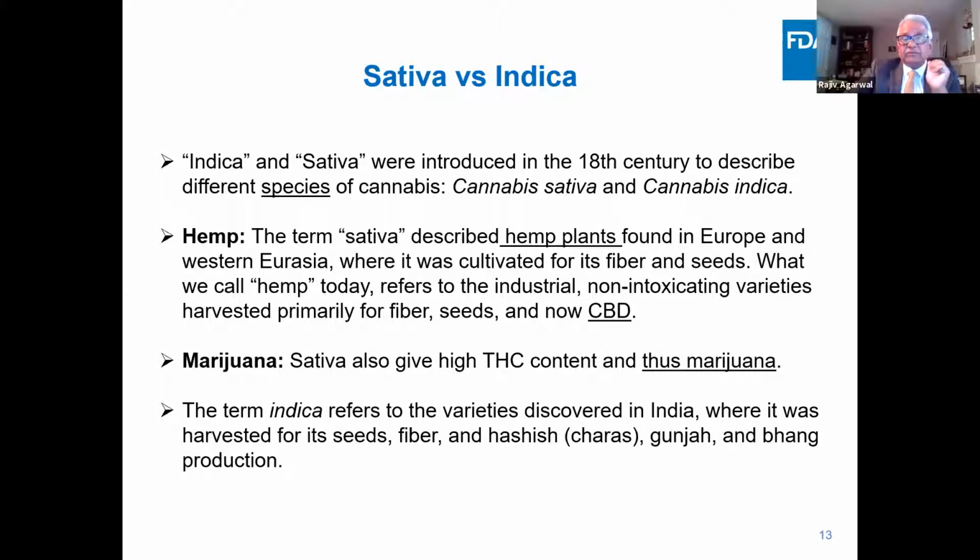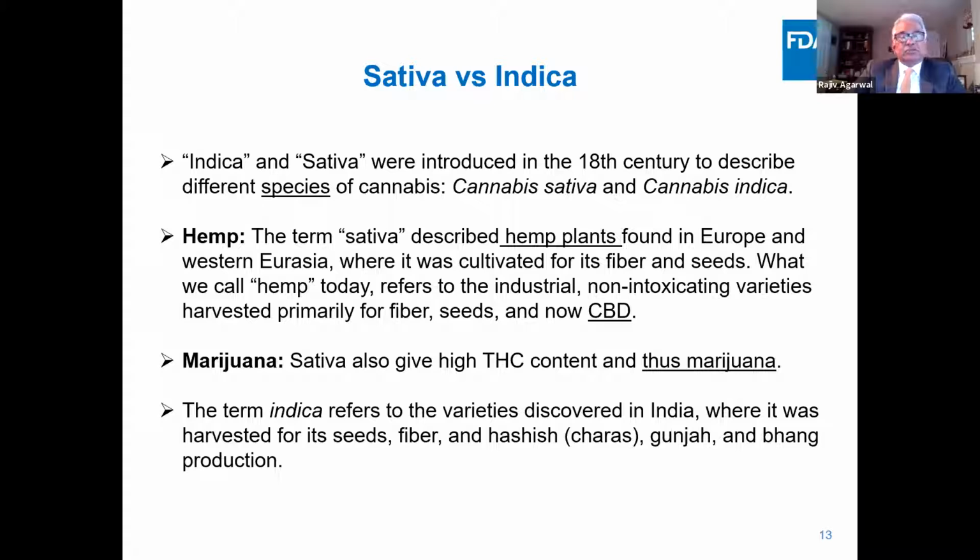The term indica refers to the variety discovered in India, where it was harvested for its seeds, fiber, and hashish. Hashish is the Arabic term you will see in the Middle East. Charas is the Indian term that is used in the Indian subcontinent. These are the resins, and ganja is the dry leaves, and bhang is when you grind the leaves, make a powder, mix it with water, and ingest it.